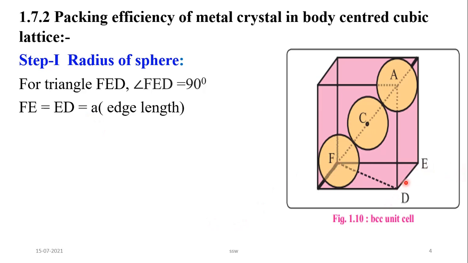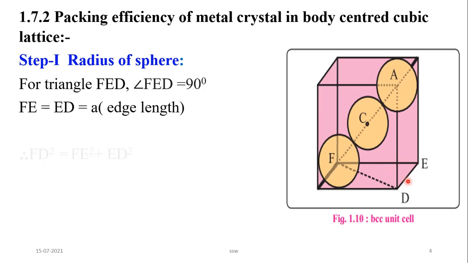All the edge lengths are the same in the cubic system, and the angle between all edges is 90 degrees.